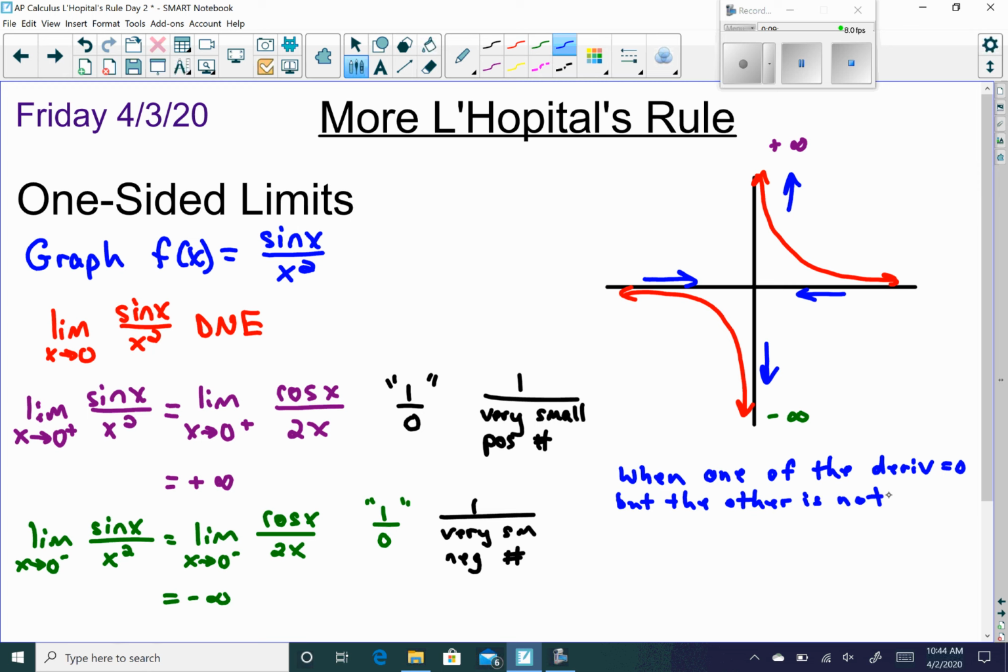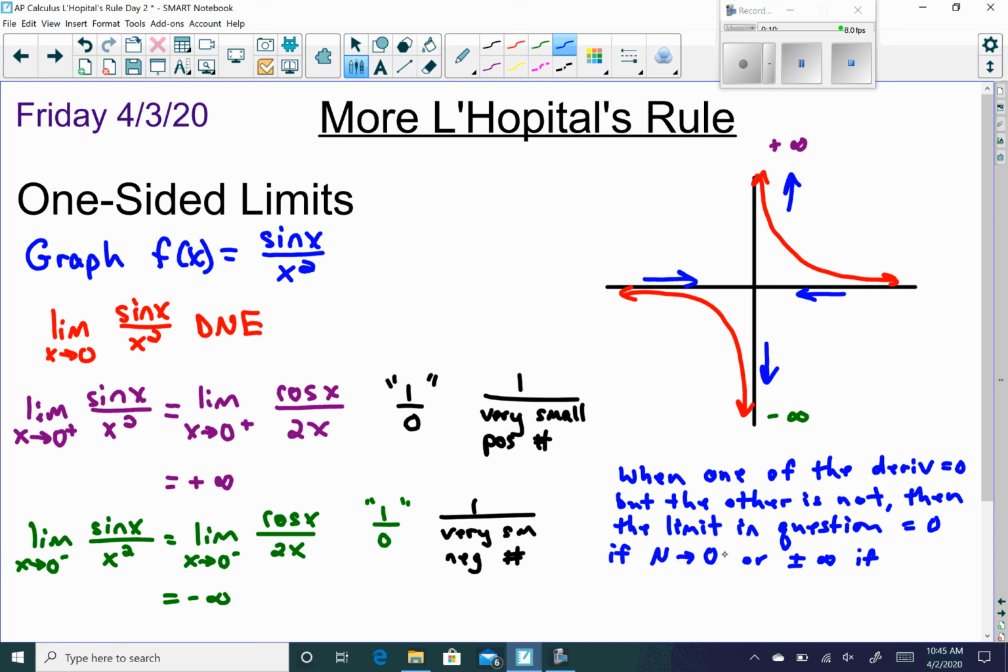Then the limit in question is 0 if the numerator approaches 0, meaning it keeps getting smaller and smaller, or either positive or negative infinity if the denominator is becoming a very small positive or negative number.